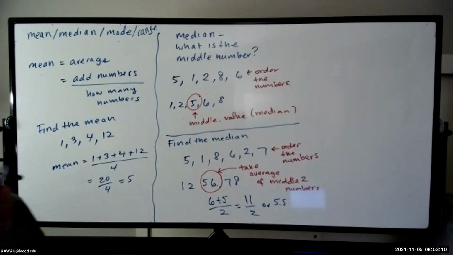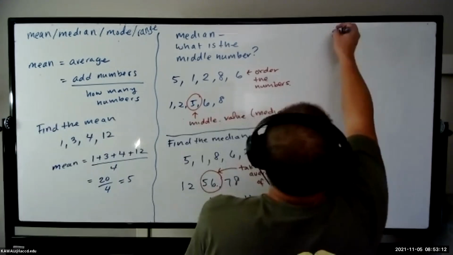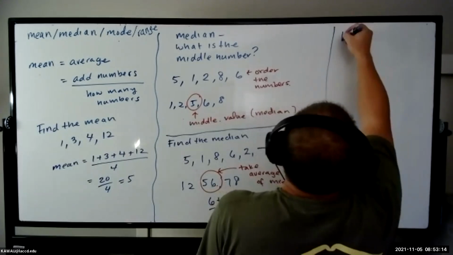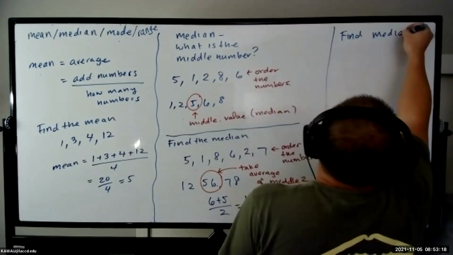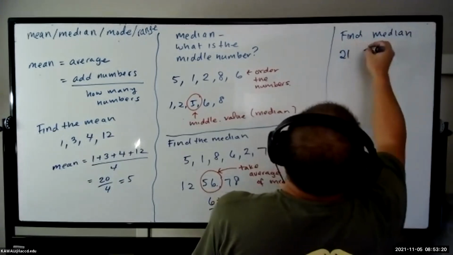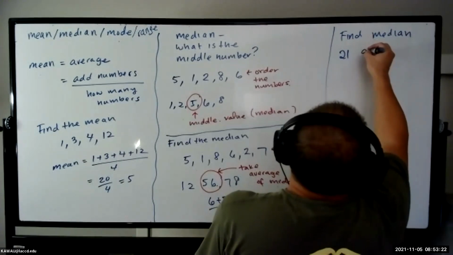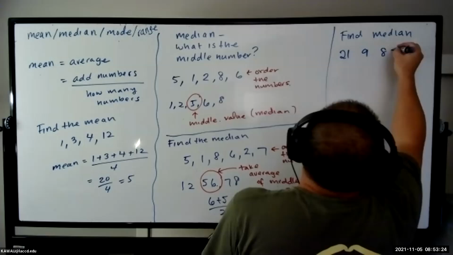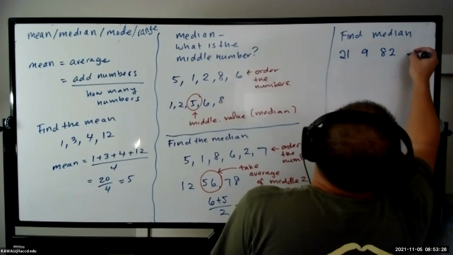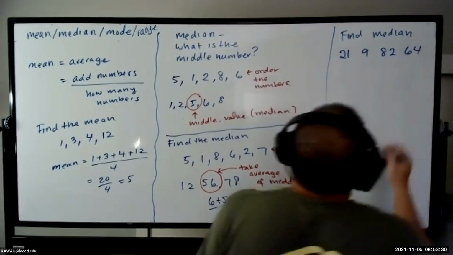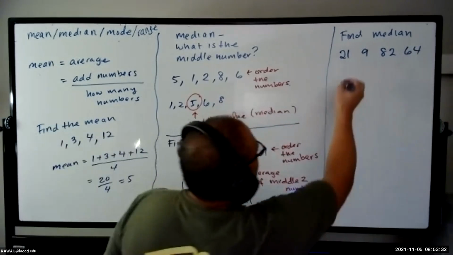Okay. So go ahead and find the median of this. We'll just put 4 numbers down. But we'll make them big so it's not obvious. All right. So these 4 numbers.